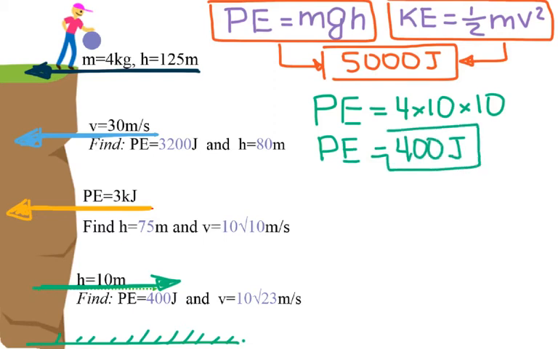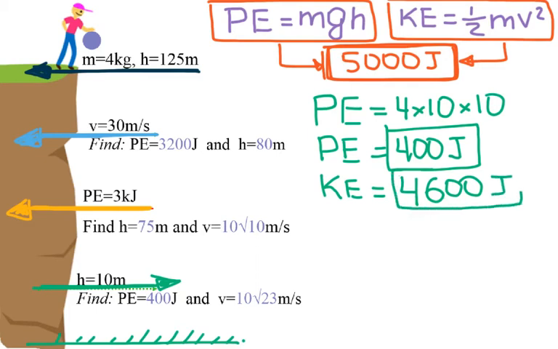But the total energy, again, has to be equal to 5,000 joules. That gives me that my kinetic energy is 4,600 joules, because the total energy needs to give me 5,000.